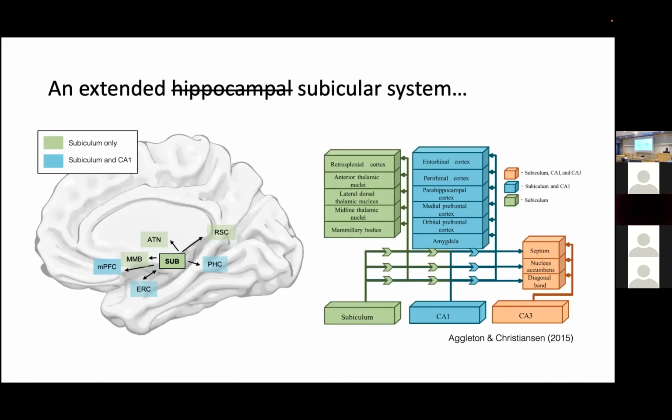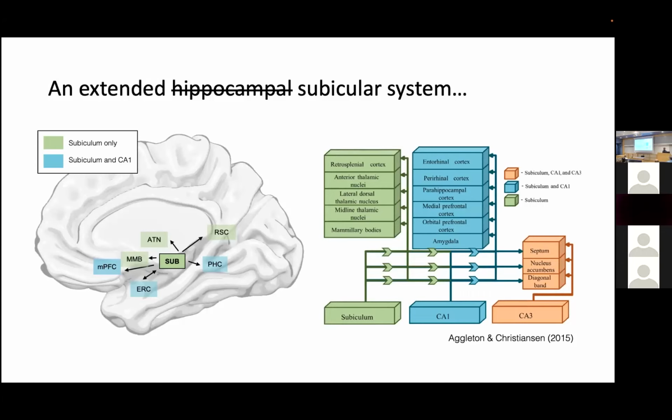So maybe we can rebrand this as the extended subicular system. And what I show here is that hippocampal outputs to several structures that have been implicated in scene and event cognition, such as the mammillary bodies, anterior thalamic nuclei, and the retrosplenial cortex, emerge almost entirely from the subiculum, so that's shown in green here.